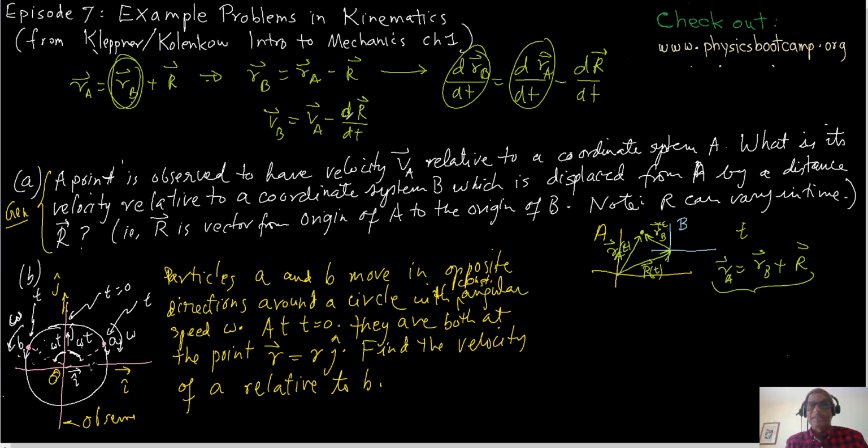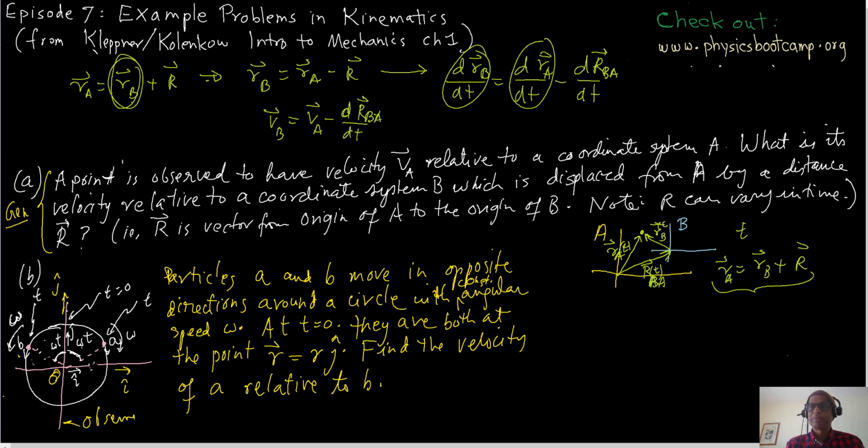So sometimes instead of writing r, we can write r of B with respect to A. Sometimes when you have two different frames, you want to be more specific and clear about what the symbols mean, so you attach more subscripts to them.